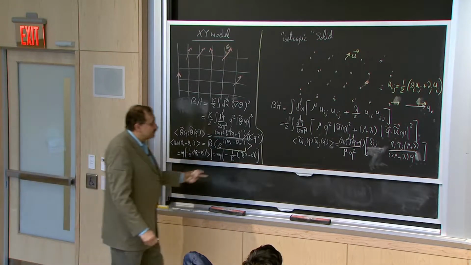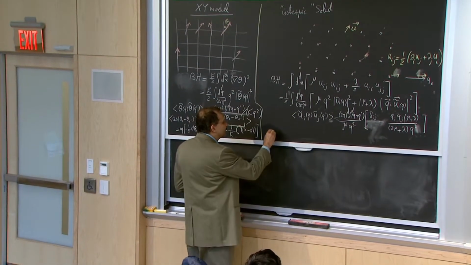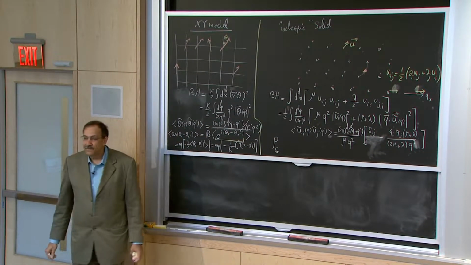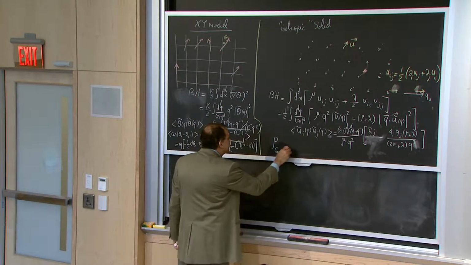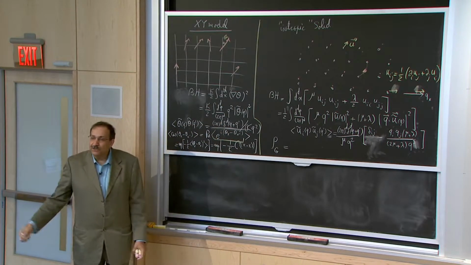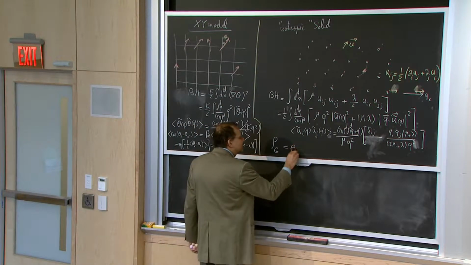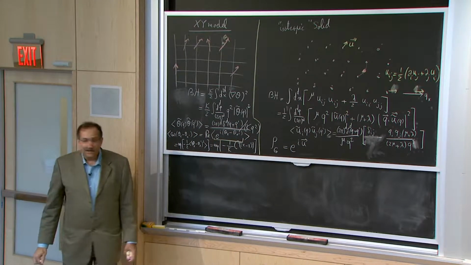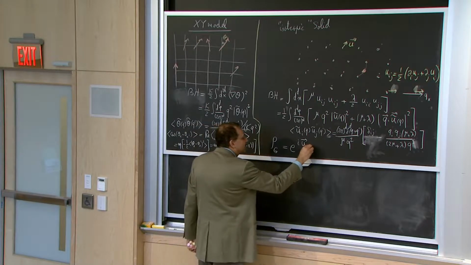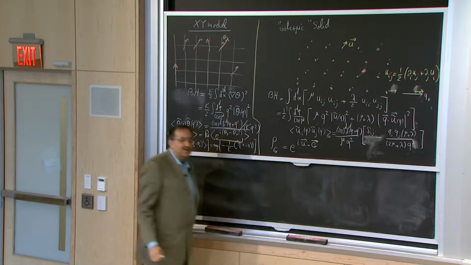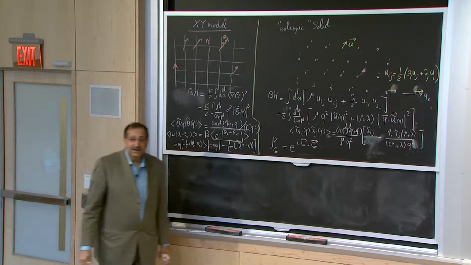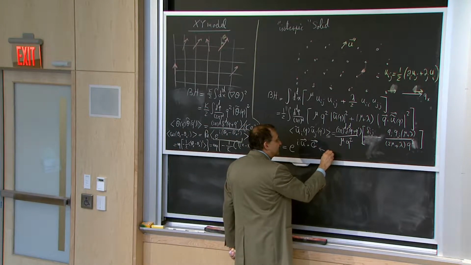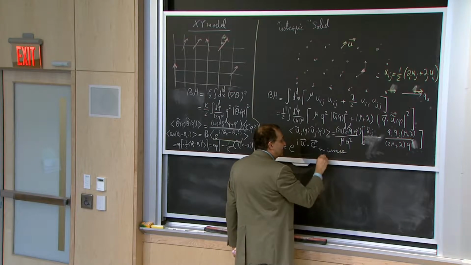So that suggests that I can construct some kind of an order parameter, I'll call it rho g, which is like this. It is e to the i u, but u is a vector. And what I do is multiply it by a g, which is an inverse lattice vector.